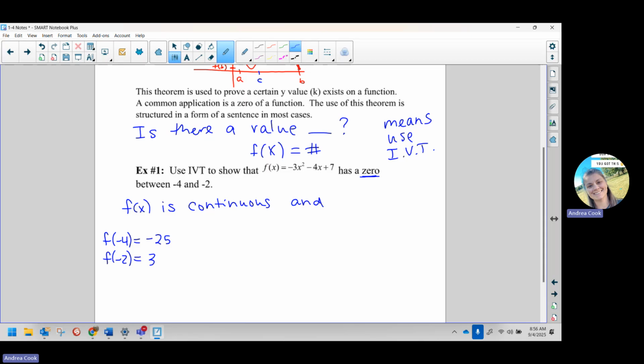All right, so is 0 between those two? Yes, so f of x is continuous, that's hypothesis number 1. Number 2 is that 0 is between, now which one's smaller? -25, so 0 is between f of -4 and f of -2. So what does that mean?